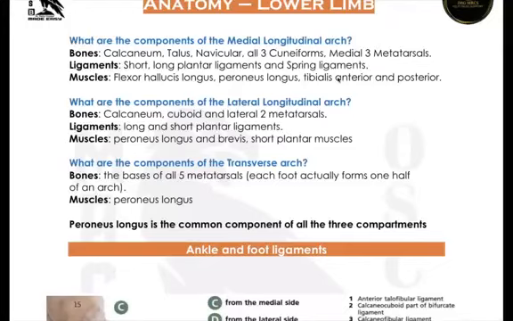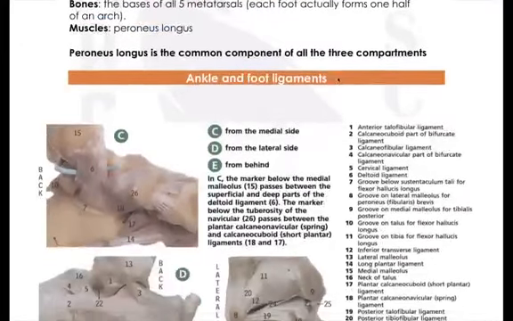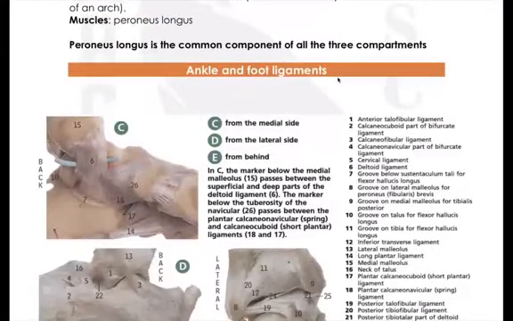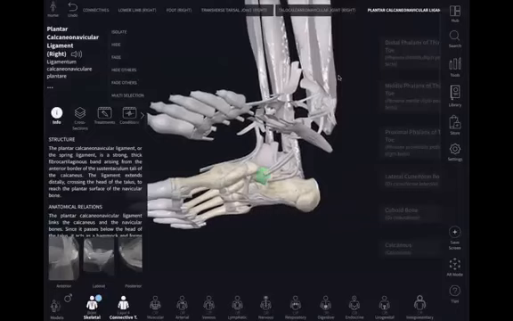It would be more clear if you show some figures related to ligaments and muscles. Yes, we will see the ligaments and also the muscles. Sir, what are the functions of the arches?